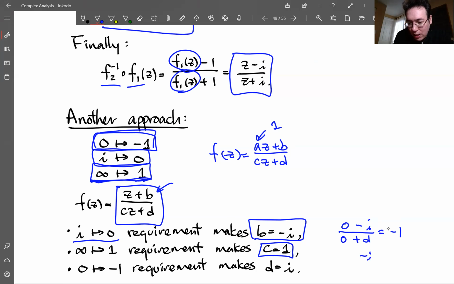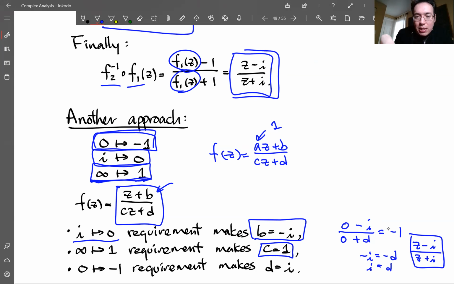So negative I is equal to negative D, or D would have to be equal to I. So putting all that together, we get Z minus I divided by Z plus I, which is the same as the Mobius transformation we got from before, right?